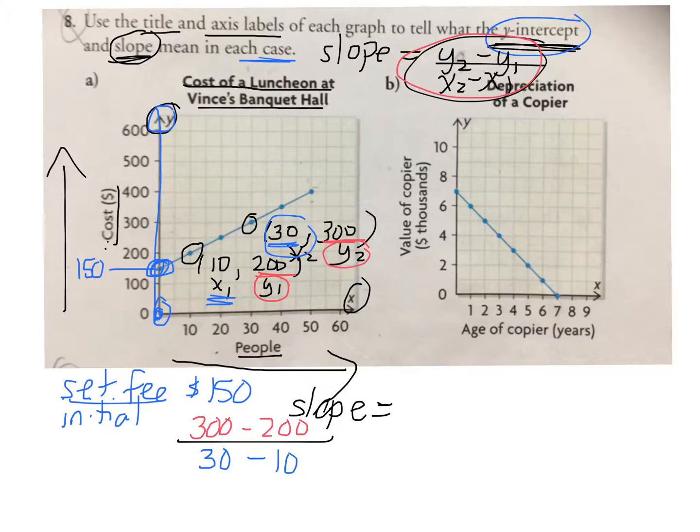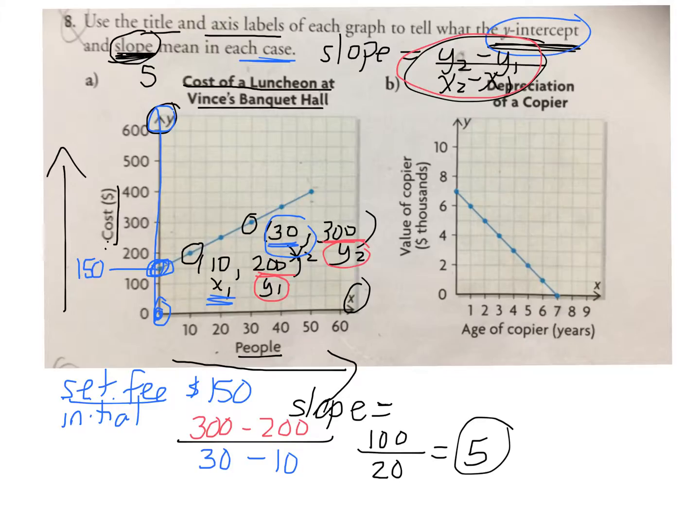Let's simplify this. 300 take away 200 is 100. 30 minus 10 is 20. What's 100 divided by 20? 5. What does this mean? We just found the slope.